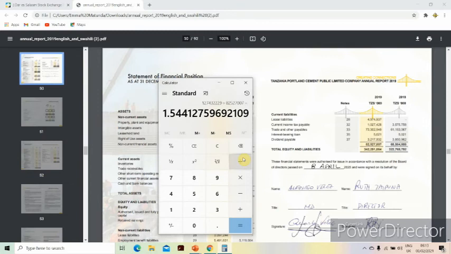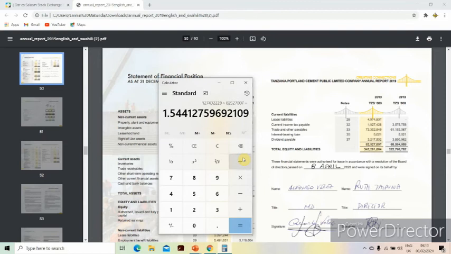So then that just means that the value of these liquid assets is 1.5 times larger than the value of total current liabilities. So then this is also a good indication. So then this just means that for every 1 shilling of current liability that is available, the business has 1 shilling and 50 cents available for liquid assets.